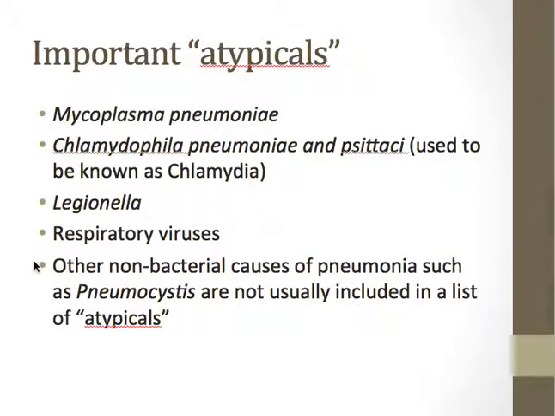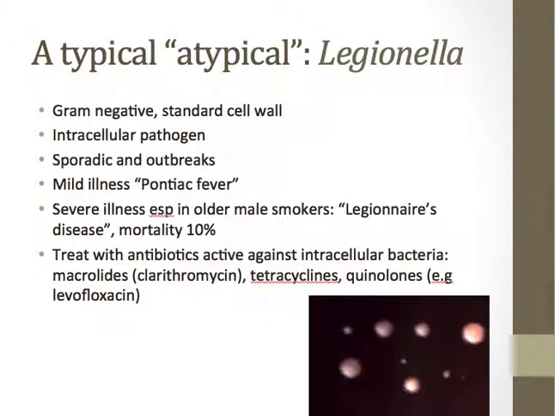I've got my typicals and atypicals a bit mixed up. So let's talk about this one, Legionella, which you could call a typical atypical because it's a typical bacterium, or an atypical atypical because in fact it's not a typical of the atypical bacteria.